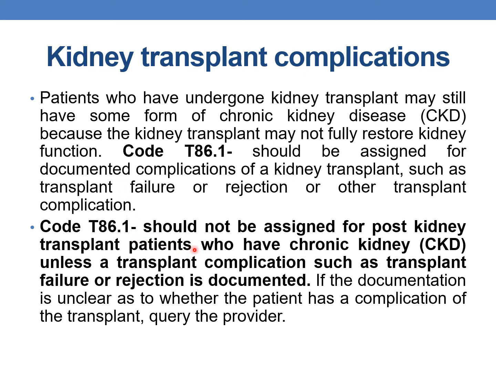Code T86.1 should not be assigned for post-kidney transplant patients who have CKD unless a transplant complication such as transplant failure or rejection is documented. If the documentation is unclear as to whether the patient has a complication of transplant, query the provider. The provider must be queried.